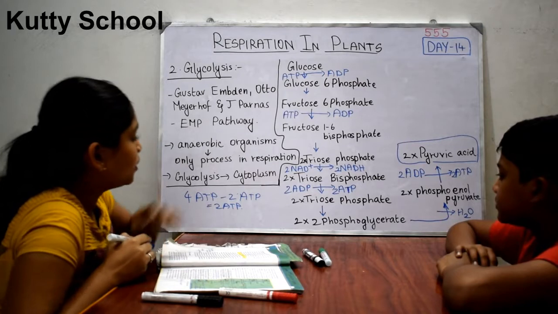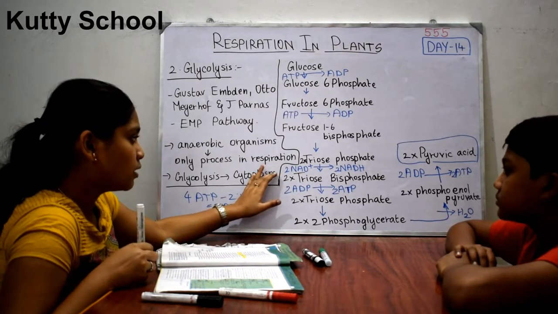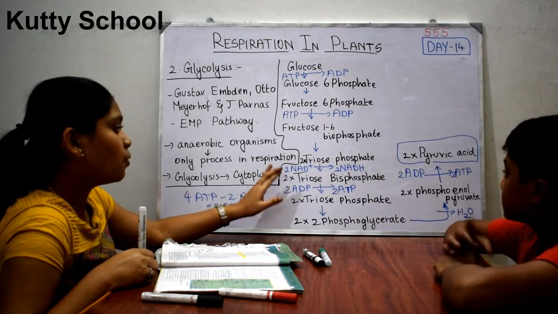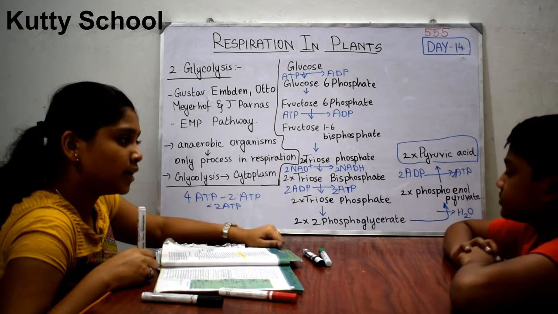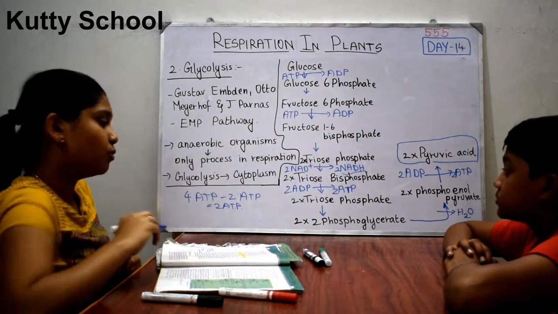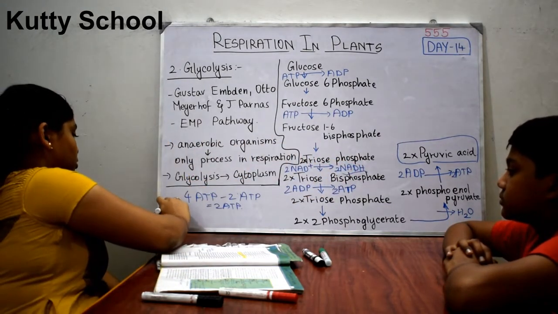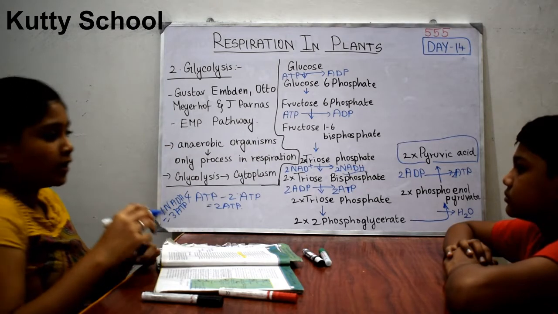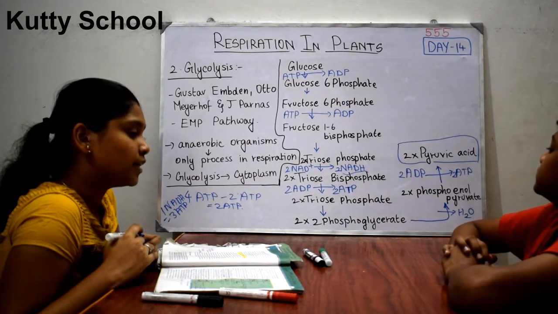In the middle there is 2 NAD plus which forms 2 NADH. So 1 NADH is equal to 3 ATP. For 2 NADH, how many ATPs are produced?